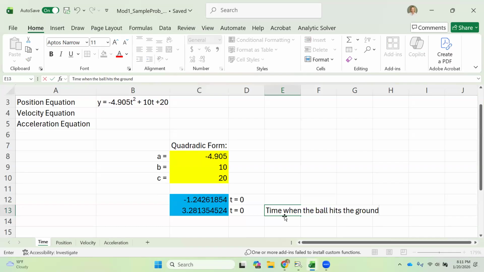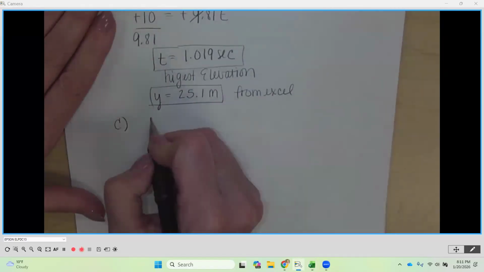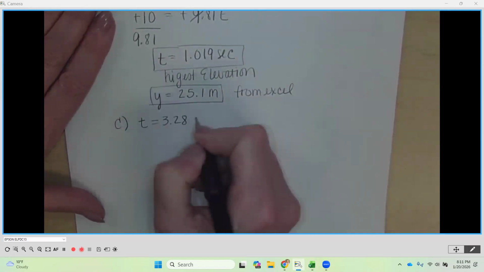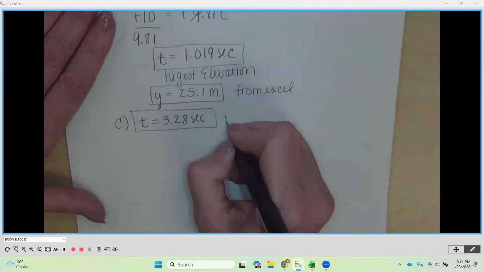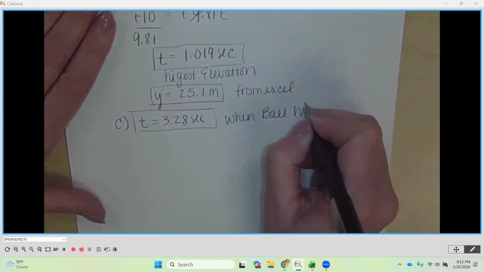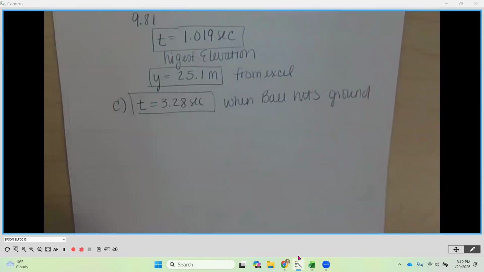And then you can also add over here. So T equals 3.28 seconds. All right, that's an answer when ball hits ground. Okay. And then we need to know what the velocity is at that time.